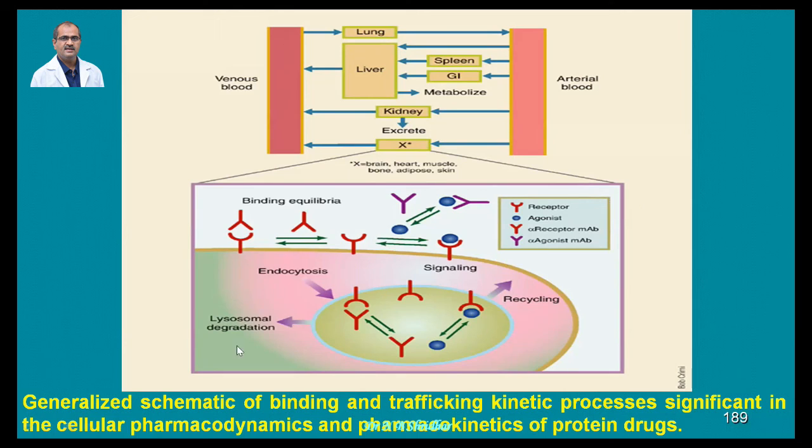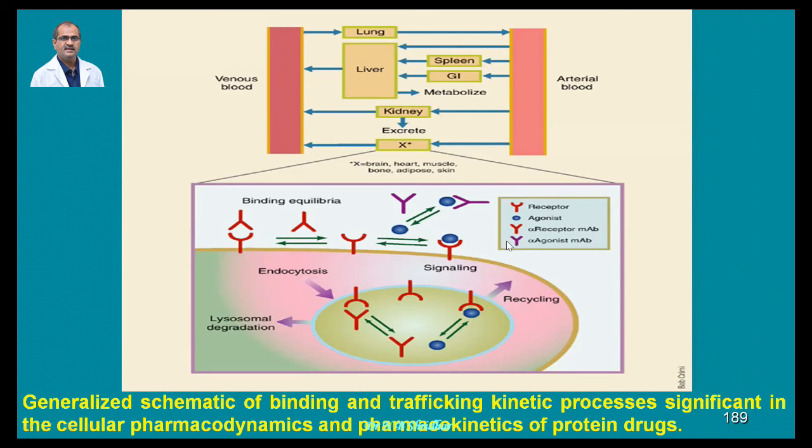This is a generalized schematic diagram of the binding and trafficking kinetic processes significant in the cellular pharmacodynamics and pharmacokinetics of a protein drug. There is a binding equilibration; here you can see the agonist and antagonist equilibration.